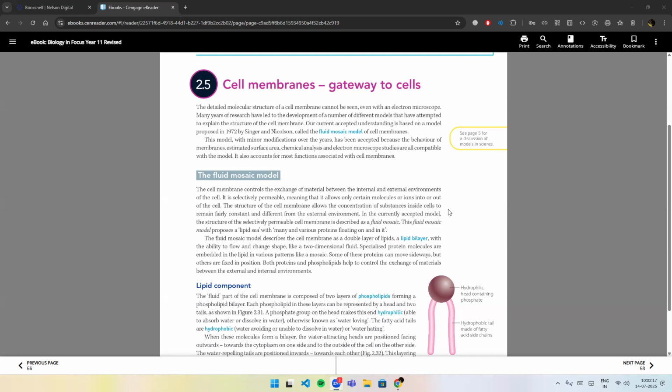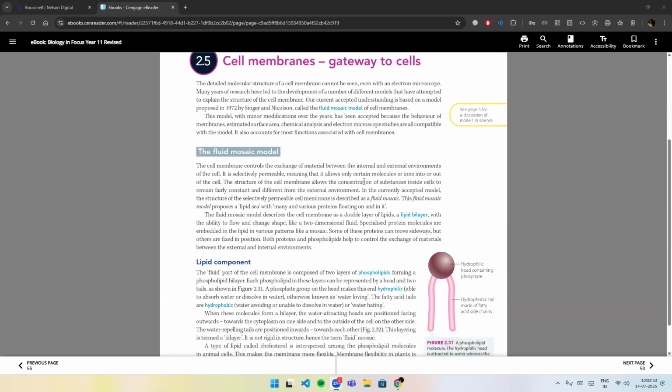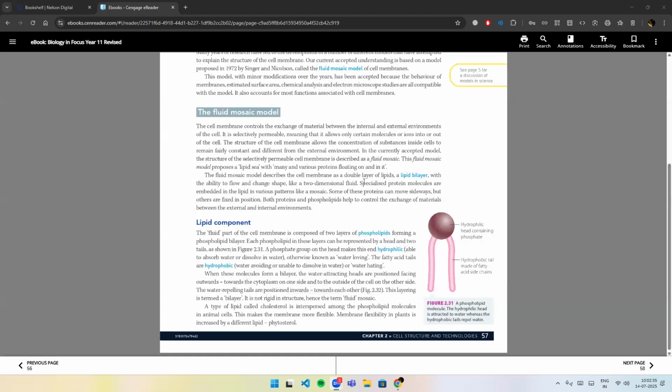This model, with minor modifications over the years, has been accepted because the behavior of membranes, estimated surface area, chemical analysis, and electron microscope studies are all compatible with the model. It also accounts for most functions associated with the cell membrane.